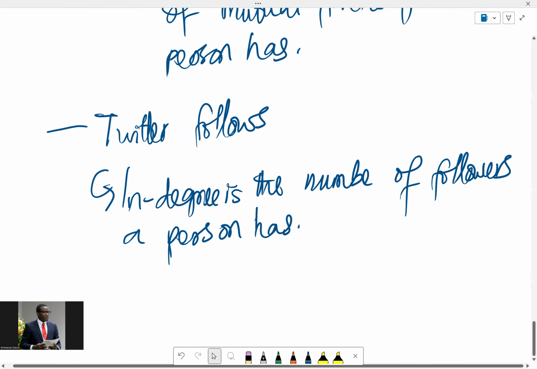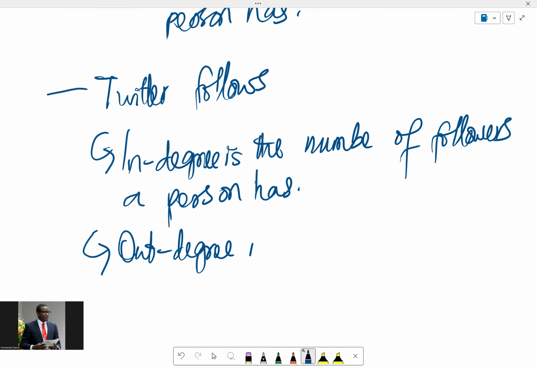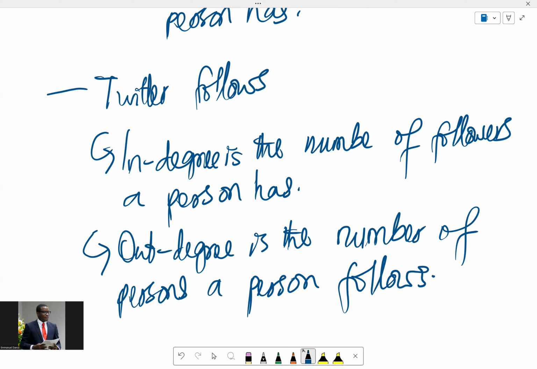That'll be the in degree of the person. Then on the other hand, out degree is the number of persons a person follows. That's the idea of out degree.